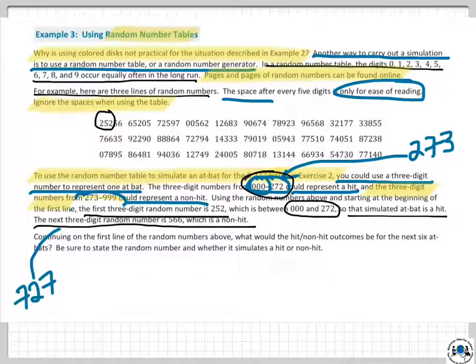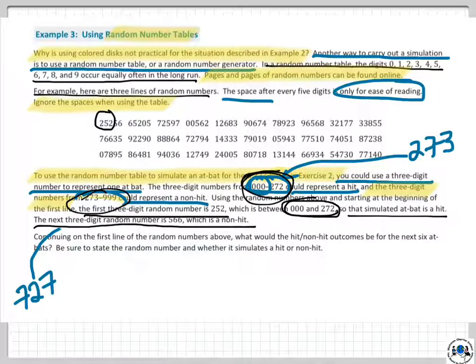We could have started out with 000 to 726 as non-hits, and then 727 to 999 as hits. It's arbitrary, but in this case, these 3-digit numbers are hits, and these down here are the non-hits, or the outs.